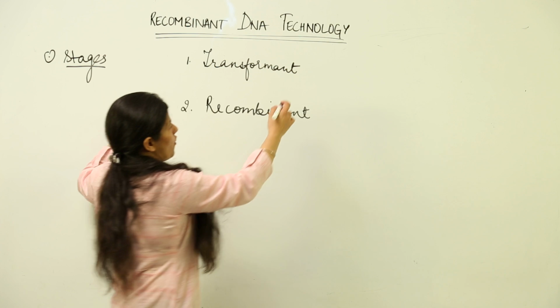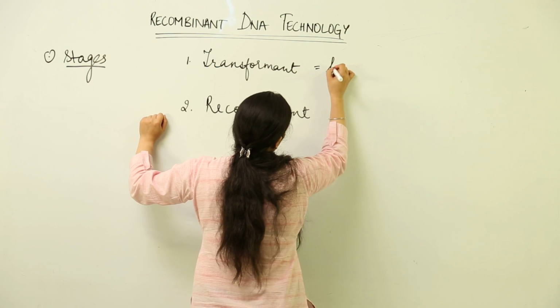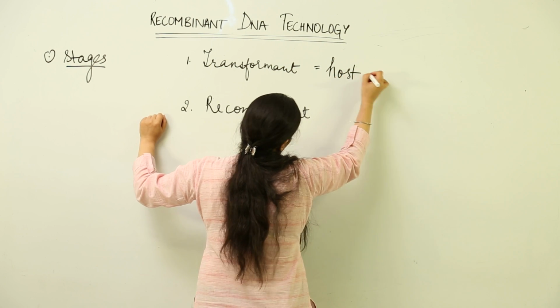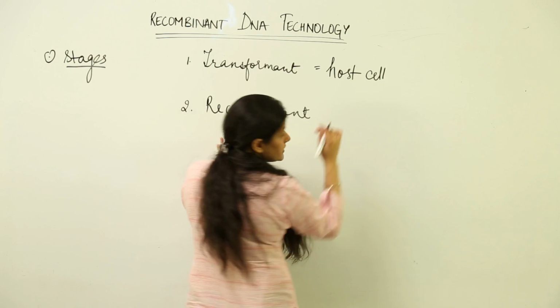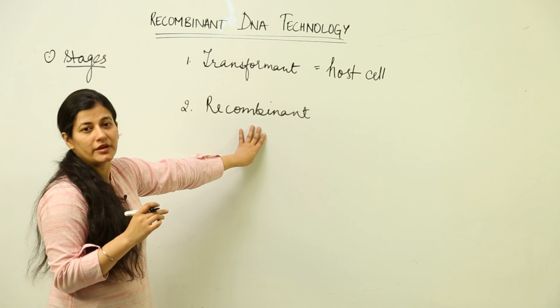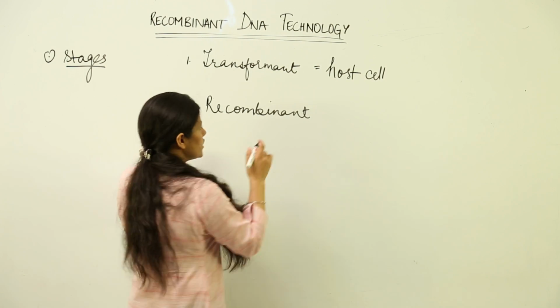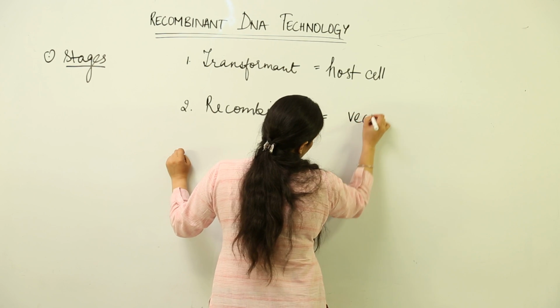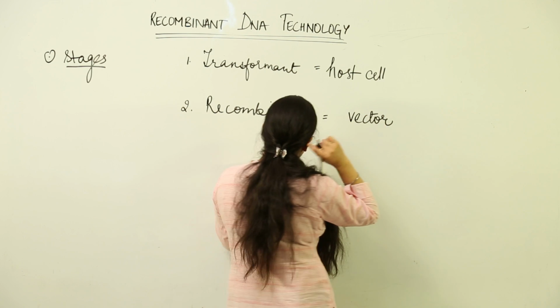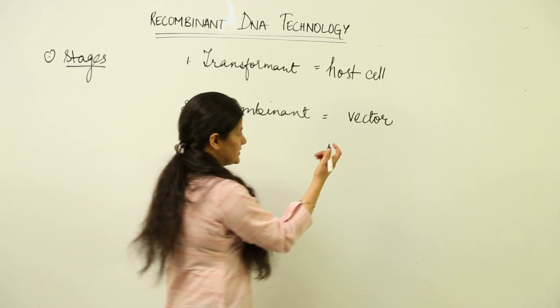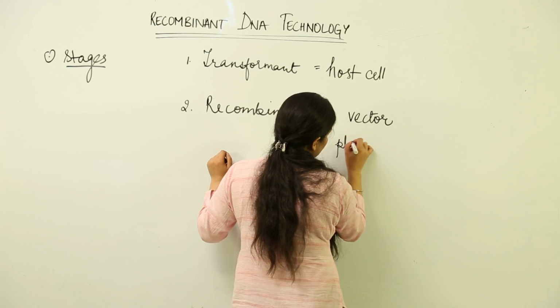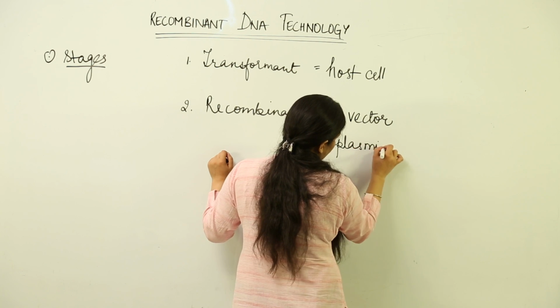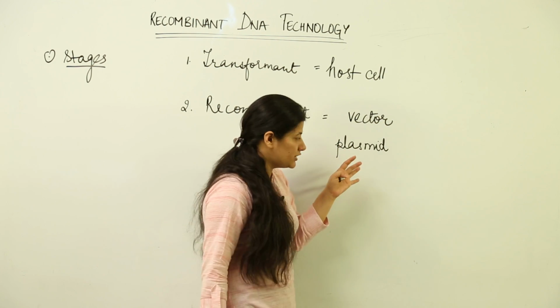Now what is a transformant? Transformant is the host cell inside which the recombinant is incorporated. Now what is recombinant? Recombinant is that vector. You remember what a vector was? We usually had the example of plasmid and we had discussed what the purpose of a vector is, why we have a vector in this rDNA technology.